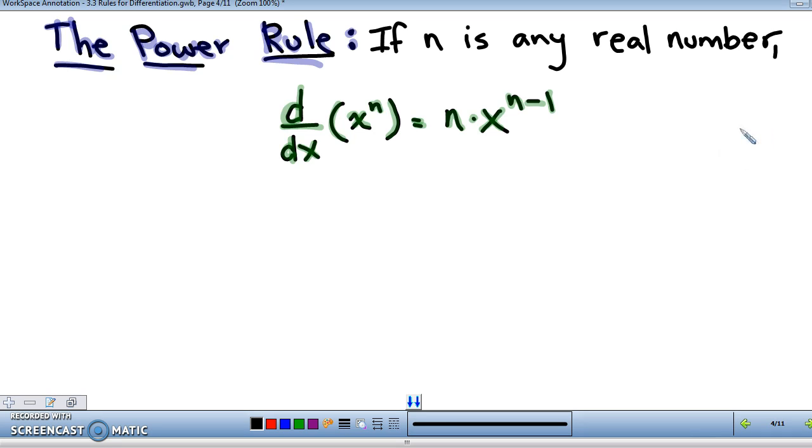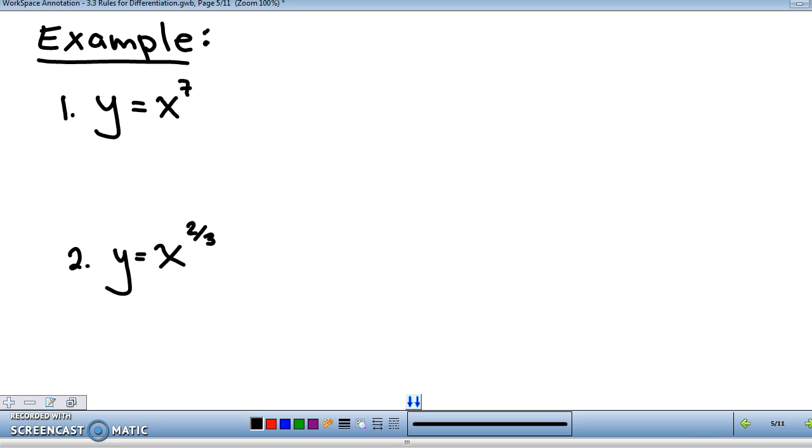This rule allows you to find the derivative of a function without that long limit process that you learned at the beginning of this chapter and at the end of chapter 2. That will now be replaced with this very easy power rule. And this is how we're going to apply it.